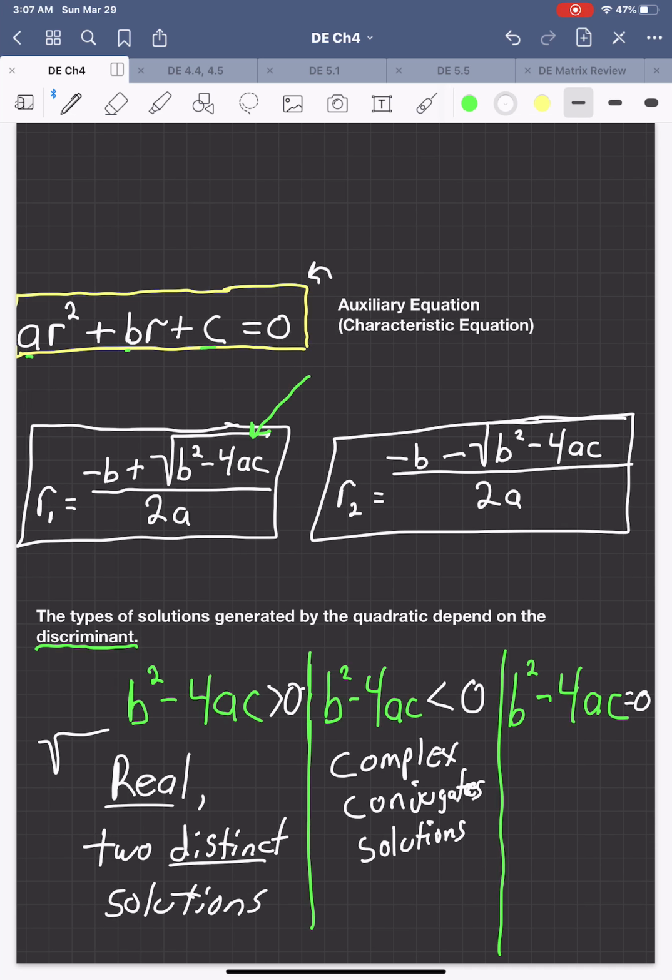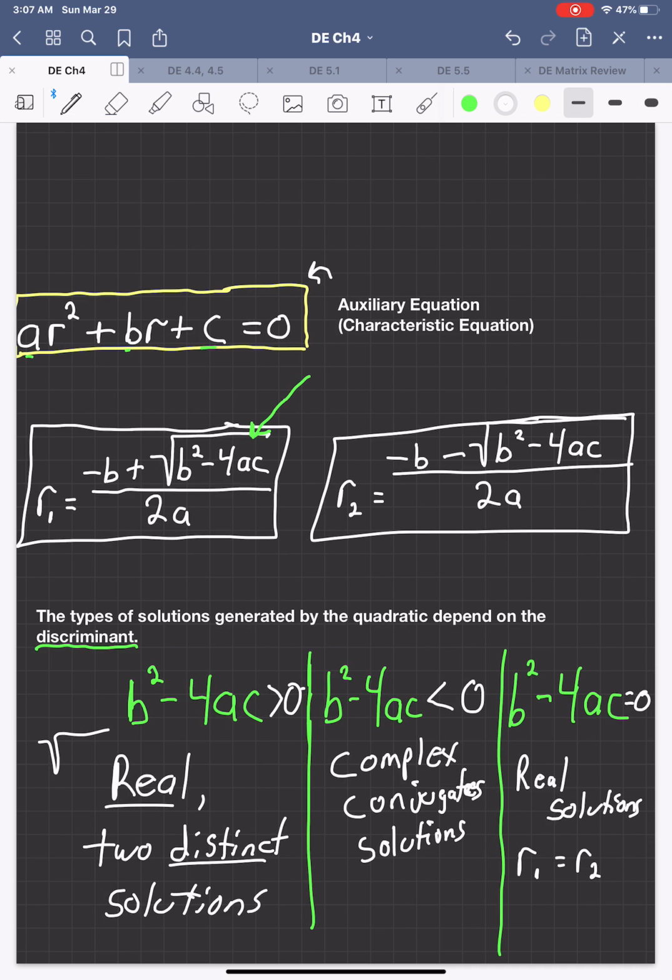But in a scenario where your discriminant is equal to 0, then you're going to have real number solutions where your r sub 1 is going to equal your r sub 2.